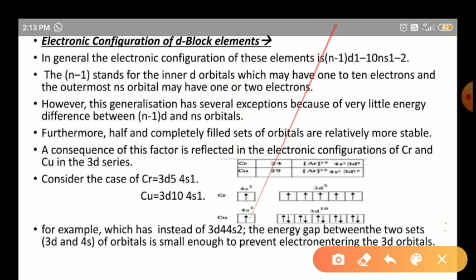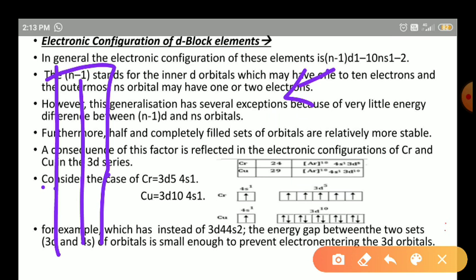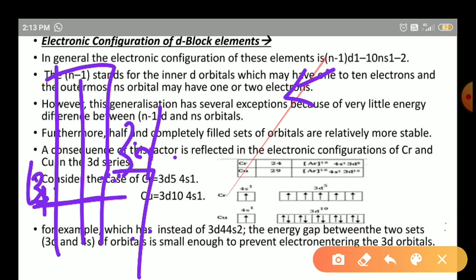Here n stands for the periods. Before the third group, the s block elements are also occupied, so we can't consider this the third period. It is the fourth period, but the electrons belong to the third group, that is 3d.